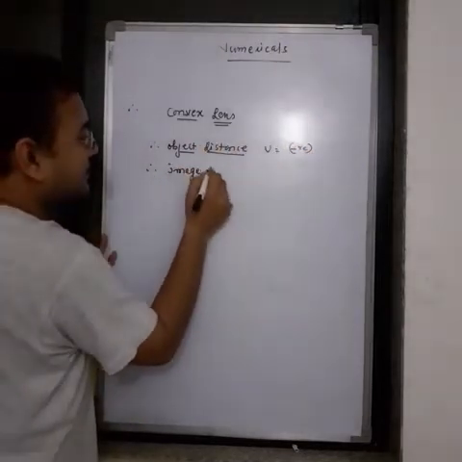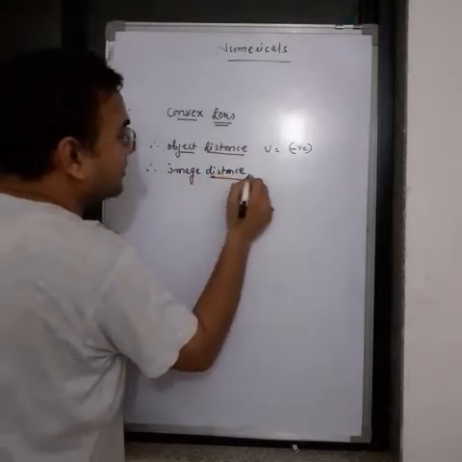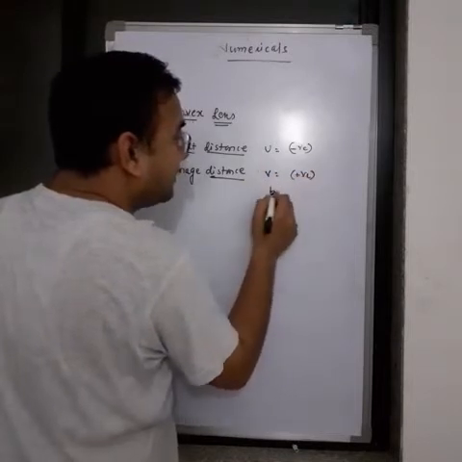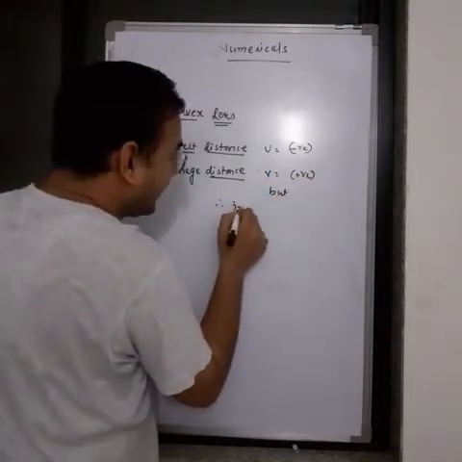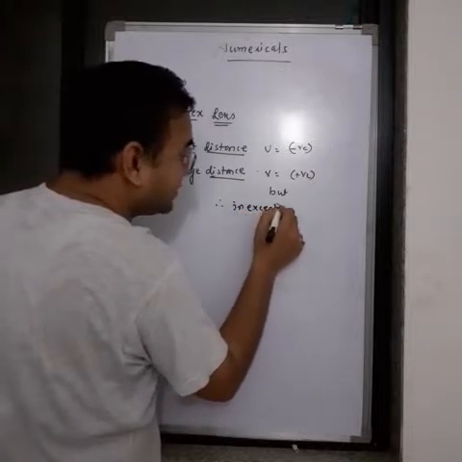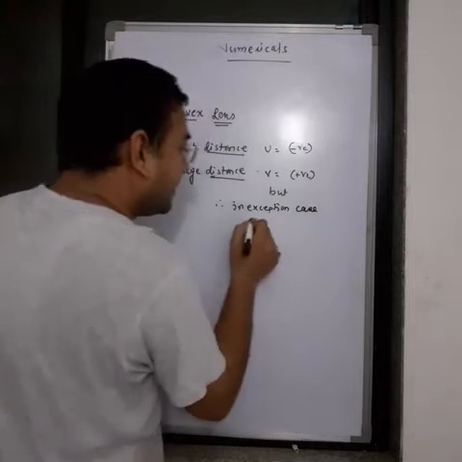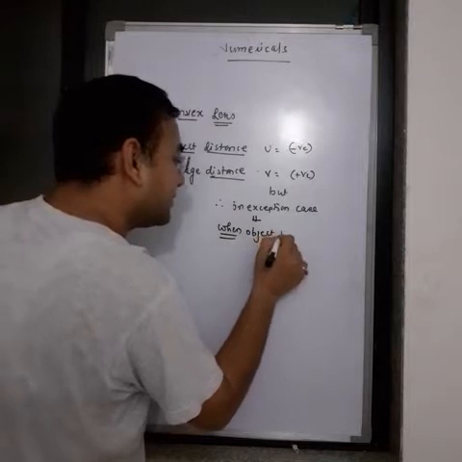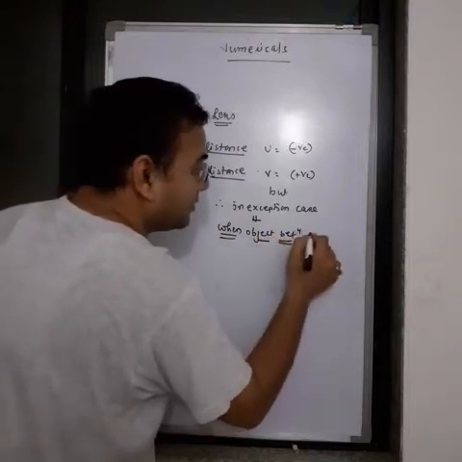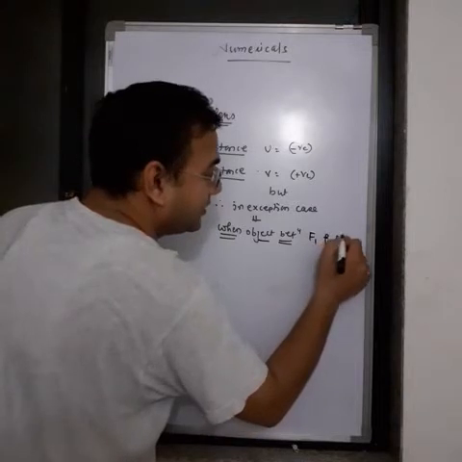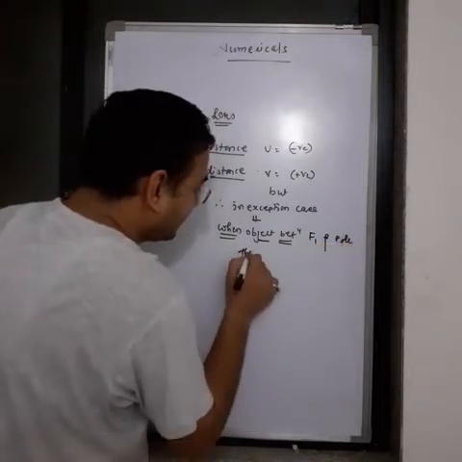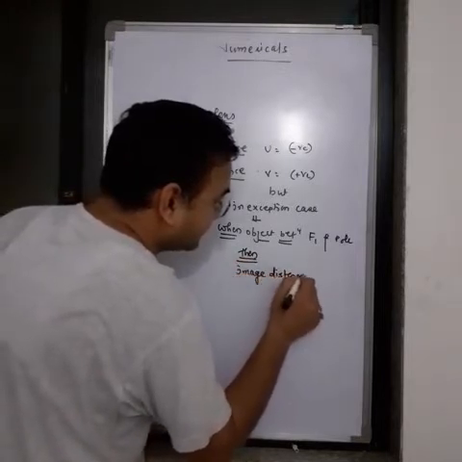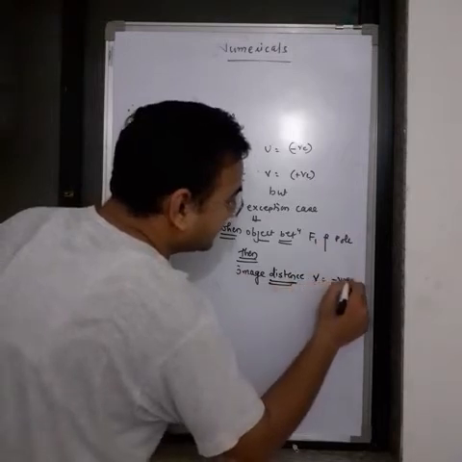Image distance v is positive, but in the exception case, already we know the exception case means when the object is between F1 and pole, then image distance v is negative.